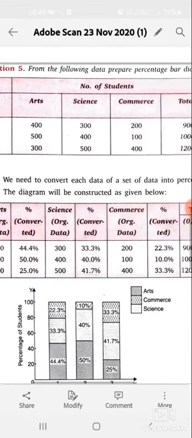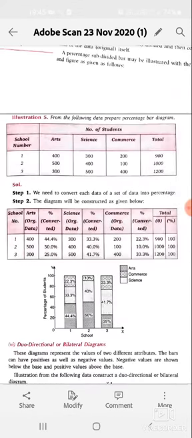We need to convert each data into percentage. Now you will find three bars: school number 1, school number 2, and school number 3. The length of every bar is equivalent, because the total of the percentage will be 100%.